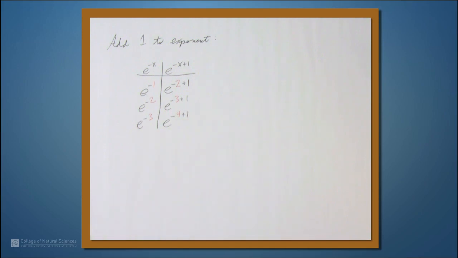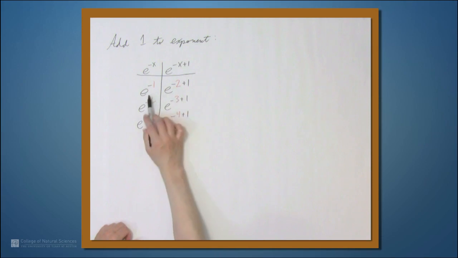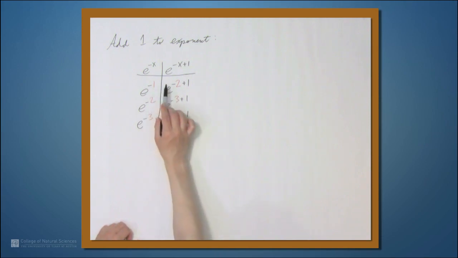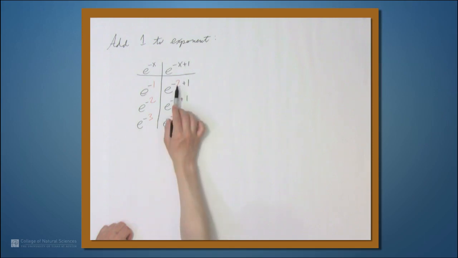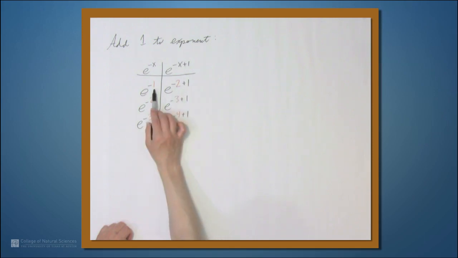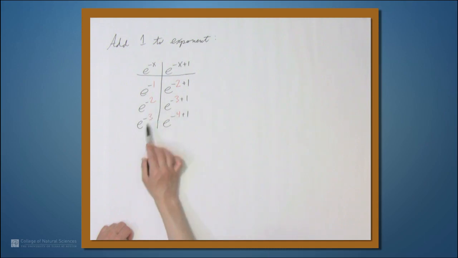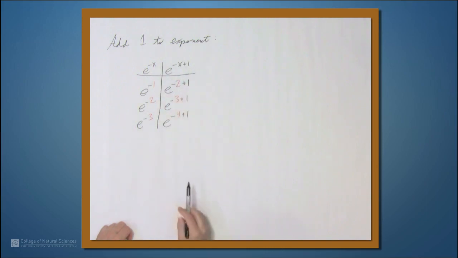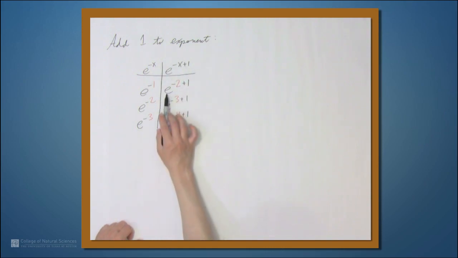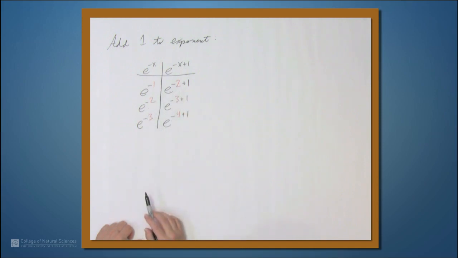So these x values in red are shifted by 1. If we want this function to behave the way this function does, then we have to plug in a 2 where we would plug in a 1, a 3 where we would plug in a 2, a 4 where we would plug in a 3. So this means that the graph of e to the negative x plus 1 is shifted to the right by 1. 1 becomes 2, 2 becomes 3, 3 becomes 4.